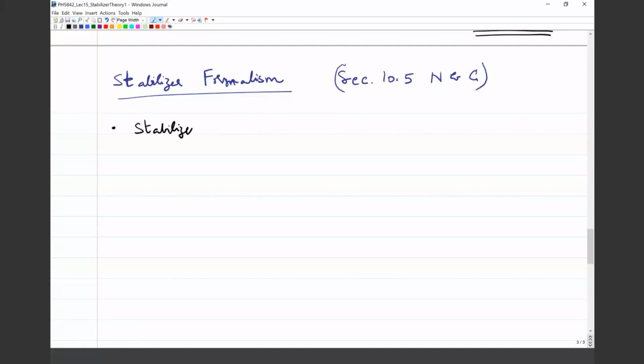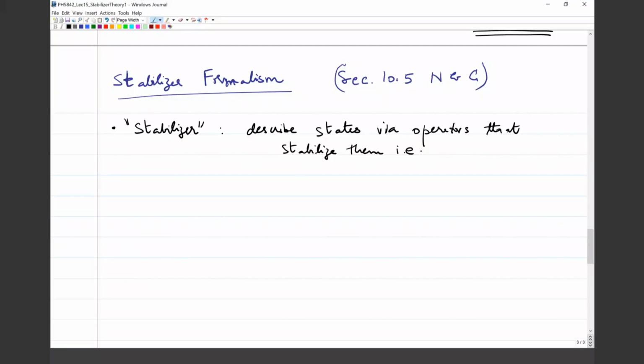So the idea is to be able to describe states via operators that stabilize them. It's another way of saying operators that leave the states invariant.